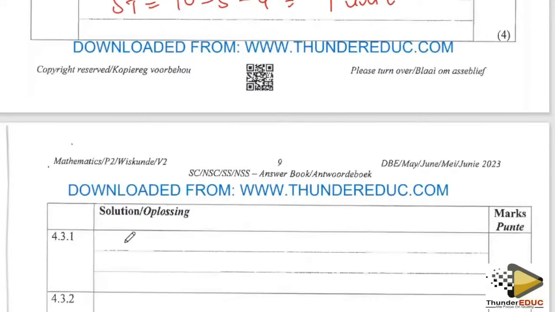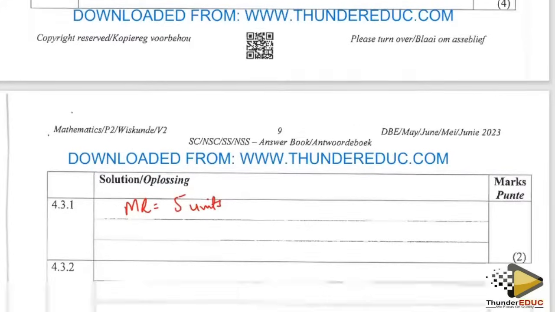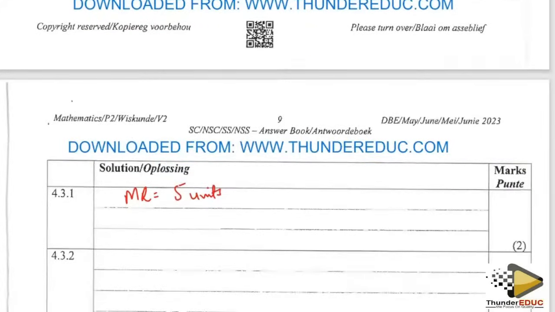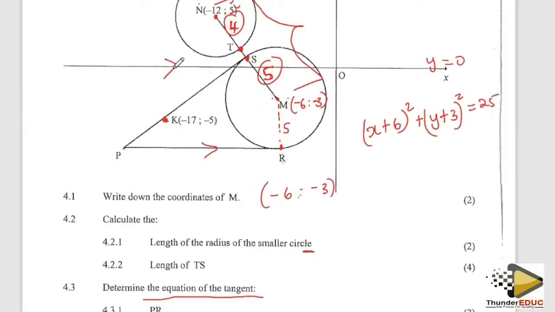So I'll start by saying that my MR is 5 units, just the distance from M to R. For me to get the total distance from the x-axis to R, I'm just gonna take this negative 3 and 5.